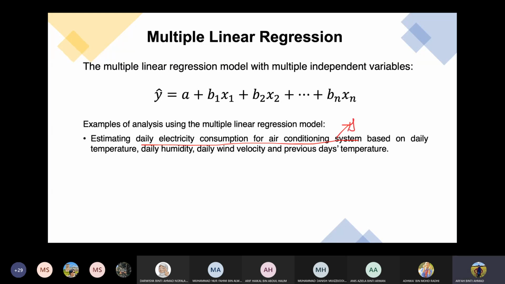Dan daily temperature, yang ini akan jadi awak punya X1. Daily humidity, this one will become your X2. Okay. Daily wind velocity, this one will become your X3. Okay. Previous day temperature, this one will become your X4. So macam mana kita nak tengok hubungan X1, X2, X3, X4 terhadap Y?